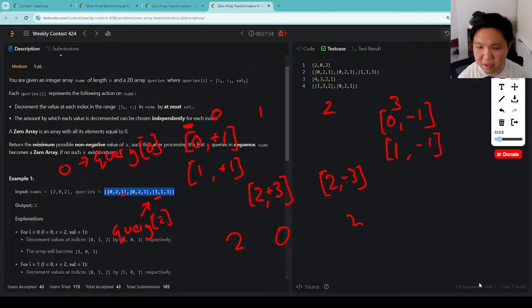All right, let me see what's wrong with this. This looks correct. Best is 1. No way.